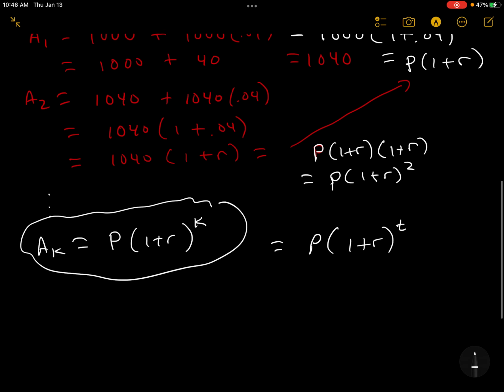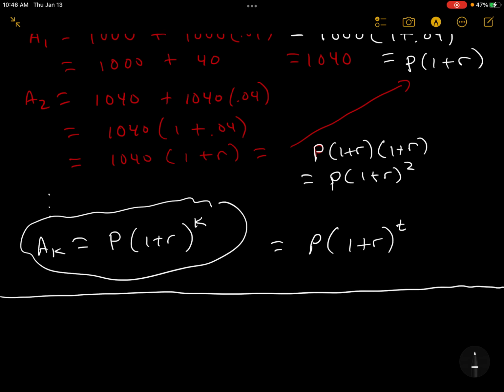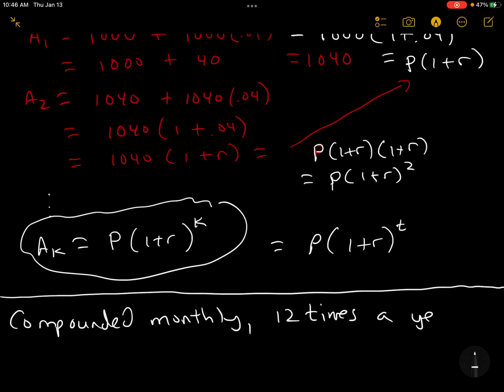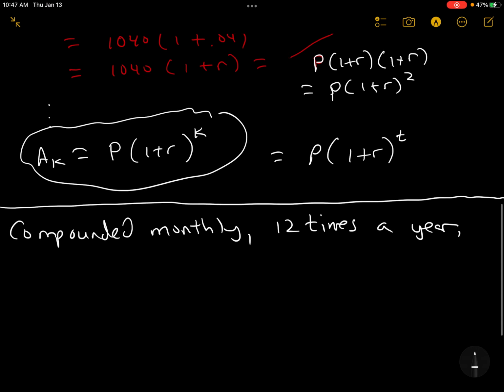Now let's extend this to compounding periods that are not once a year. Basically what you do is this. If we compounded monthly, so 12 times a year, the rate has to be divided by 12.